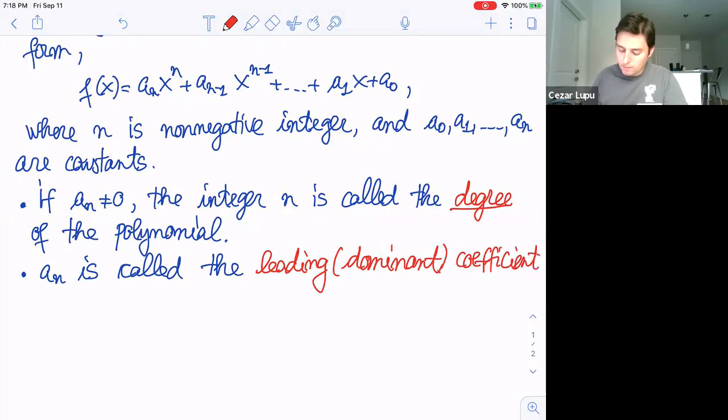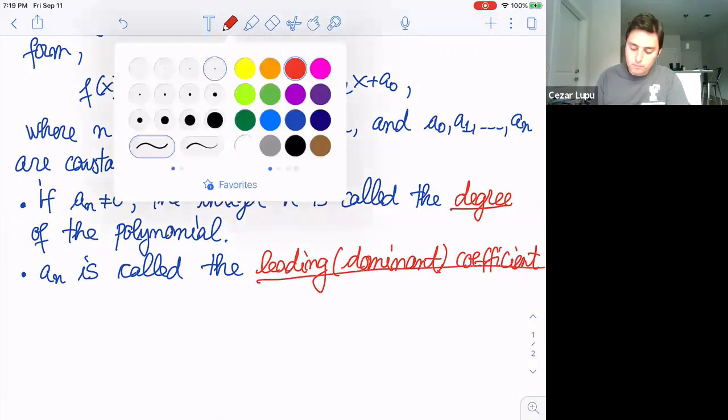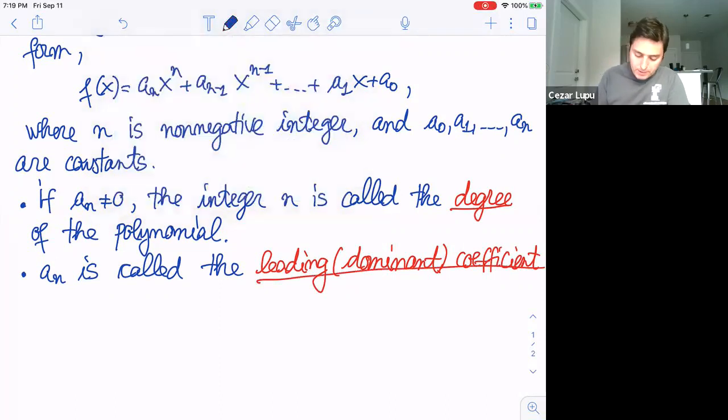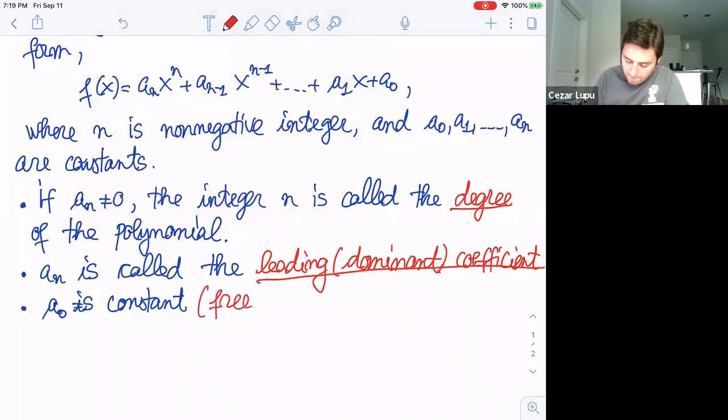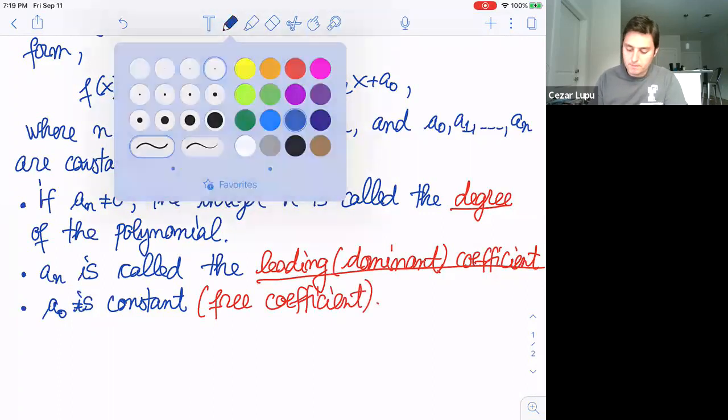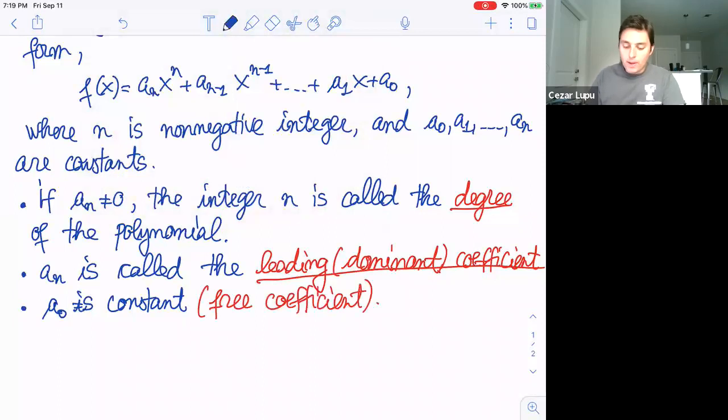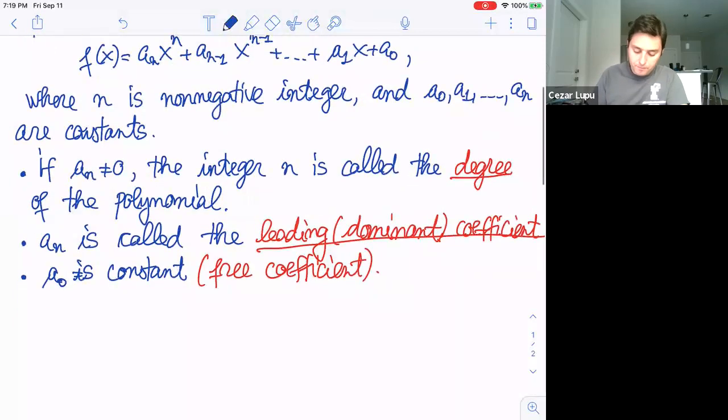And this a0 is the constant, or sometimes we call this the free coefficient. Anyway, it doesn't really matter. It's just a notation.